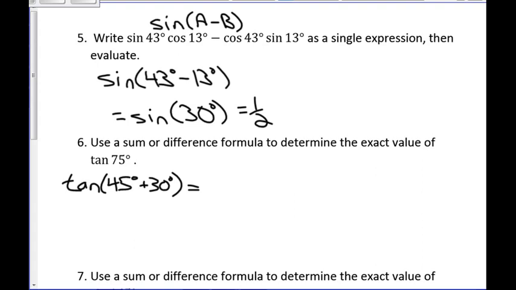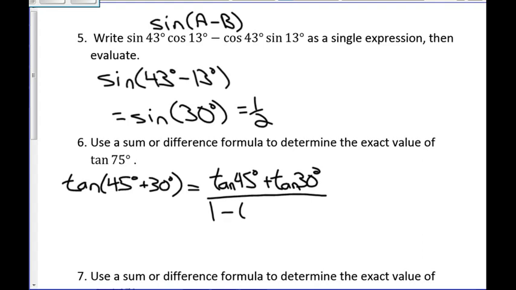And then we'll just have to go to our angle sum formula for tangent, which is tan A plus tan B all over 1 minus tan A tan B. So writing it out, we'd have tan 45 plus tan 30 all over 1 minus tan 45 tan 30. Okay. Straight from your formula sheet.